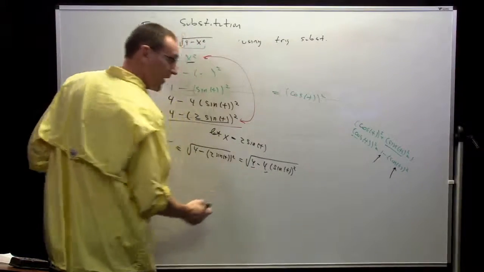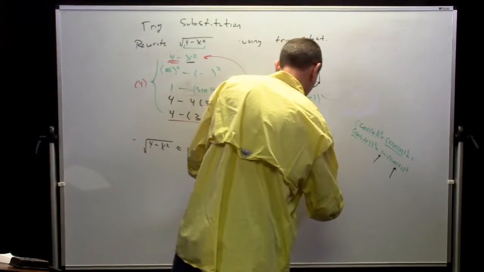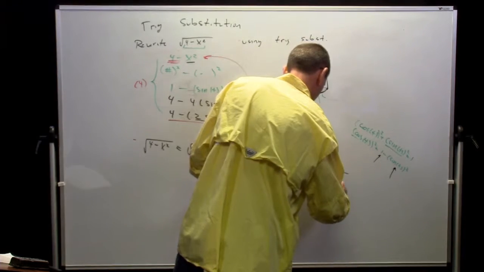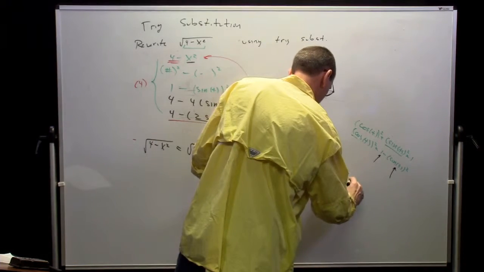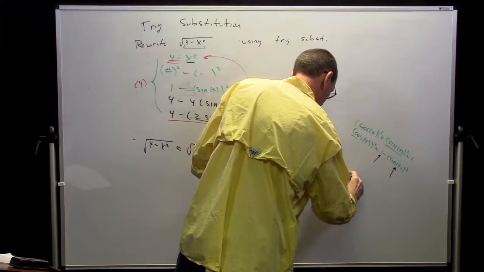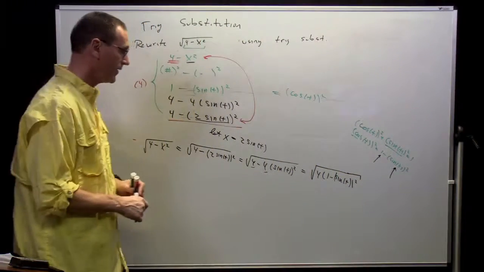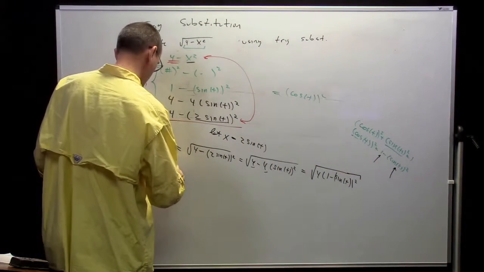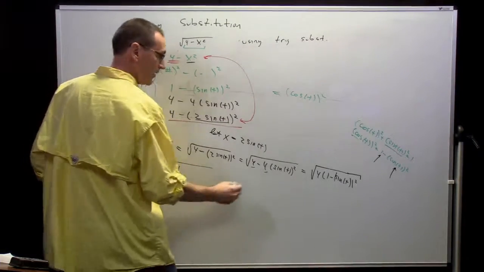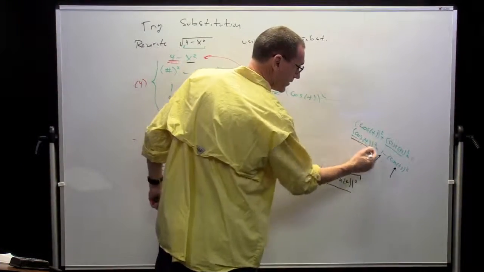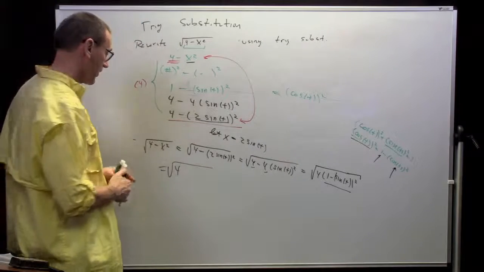Notice I can factor out the 4, and this expression right there is just cosine of t squared.